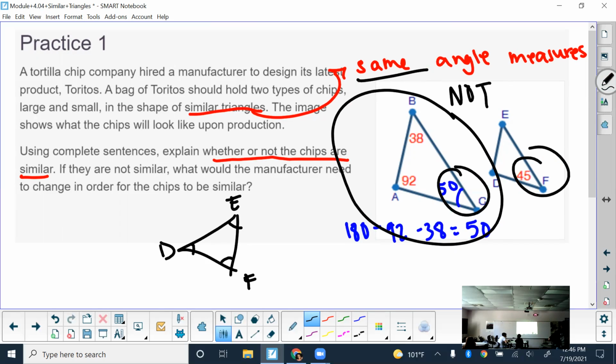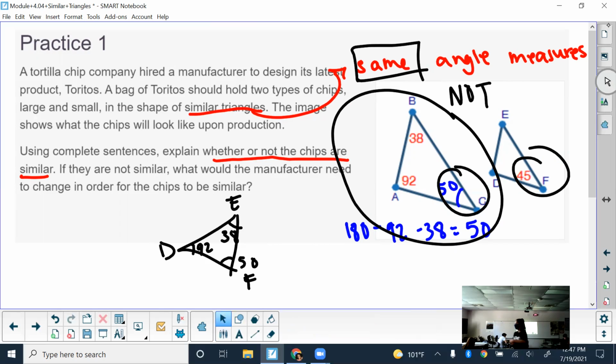If they're supposed to have the same angle measures, 38, what should angle D measure? 92, and then angle F should measure 50. All right, don't overthink it. If they do not have the same, even if just one of them is off, then they are not similar. Questions?